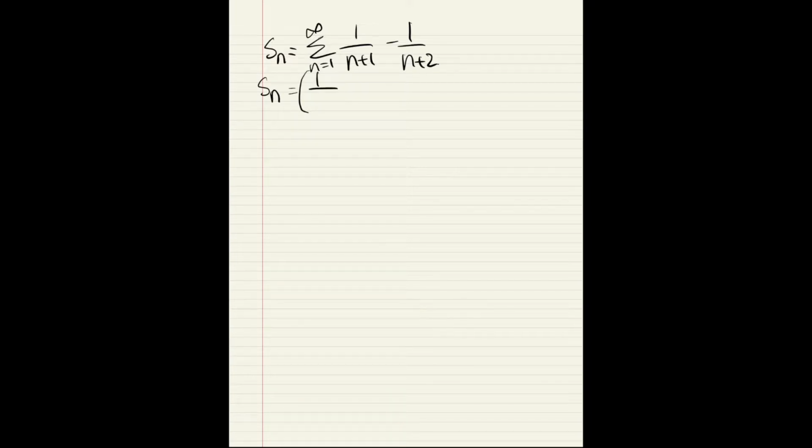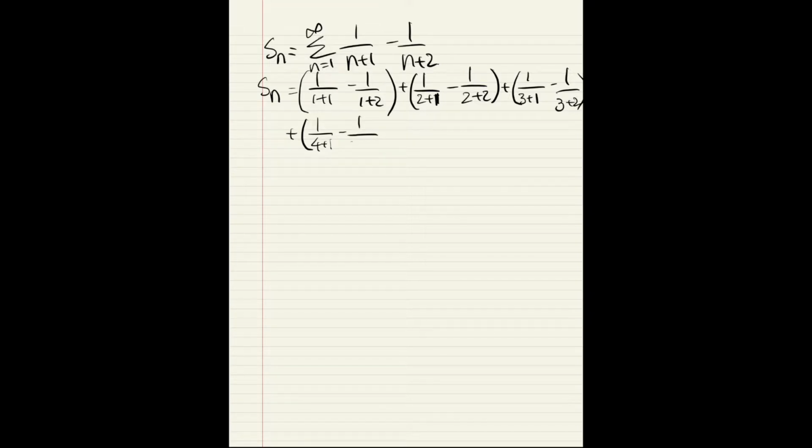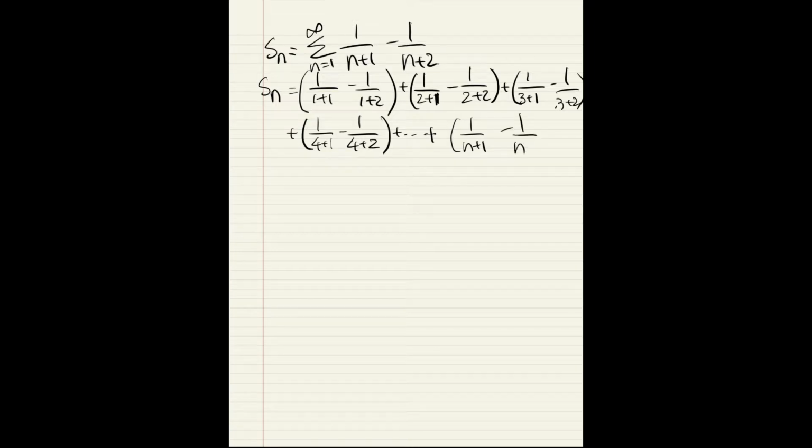For n equals 1, 1 over (1 plus 1) minus 1 over (1 plus 2), plus 1 over (2 plus 1) minus 1 over (2 plus 2), plus 1 over (3 plus 1) minus 1 over (3 plus 2), plus 1 over (4 plus 1) minus 1 over (4 plus 2), plus so on, plus 1 over (n plus 1) minus 1 over (n plus 2).